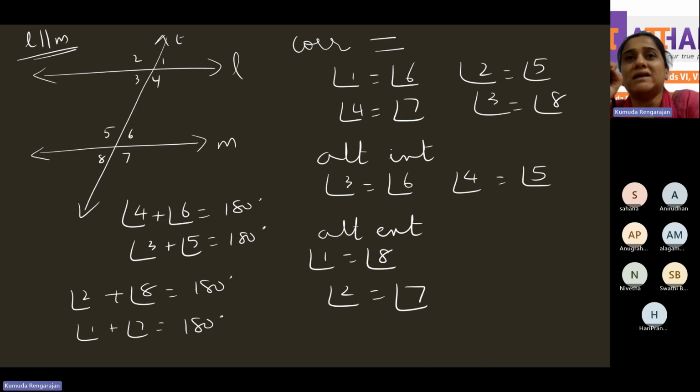So when the lines are parallel, corresponding angles are equal, alternate angles are equal, co-interior angles are supplementary, co-exterior angles are also supplementary. Is that understood?